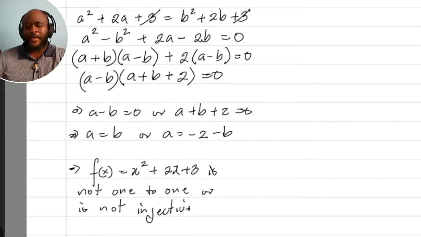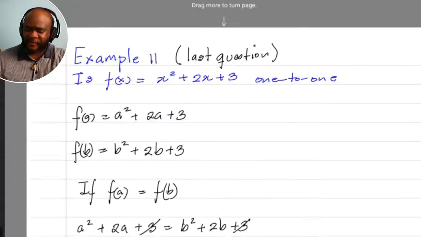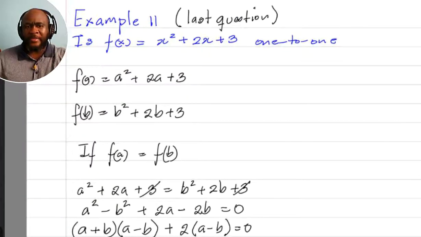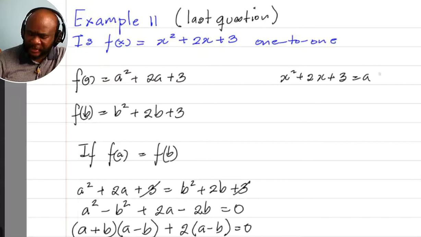All right. We can also look at it from a graphical point of view. What I'm going to do is a sketch of y is equal to x squared plus 2x plus 3. To do that, let me first find the minimum turning point. So I'm going to have to get it in this format: x squared plus 2x plus 3 is equal to a into x plus h squared plus k.